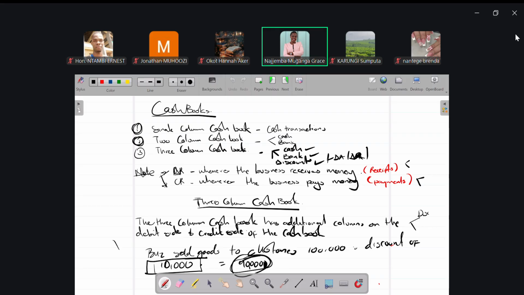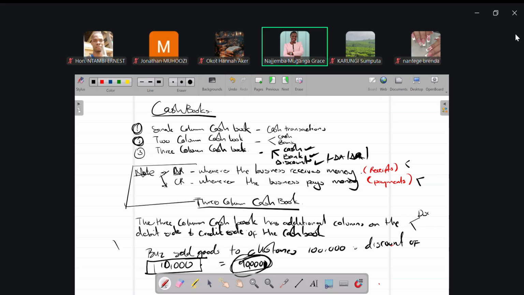The 3 column cash book has cash, bank columns, and the discount columns. We have looked at how to come up with the format of the 3 column cash book. But most importantly is this note, which requires one to know when to post transactions on the debit side and when to post on the credit.